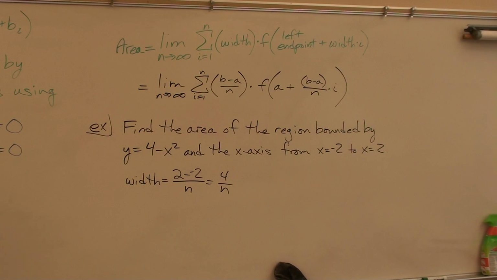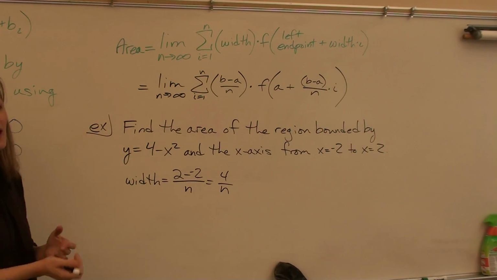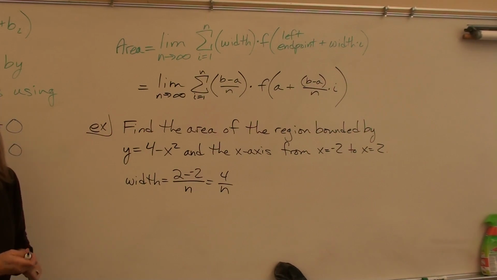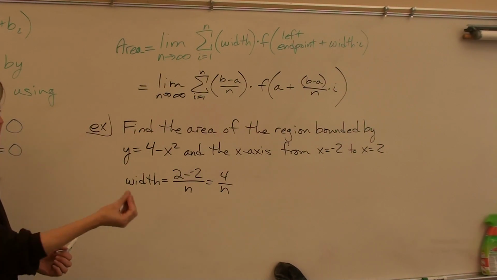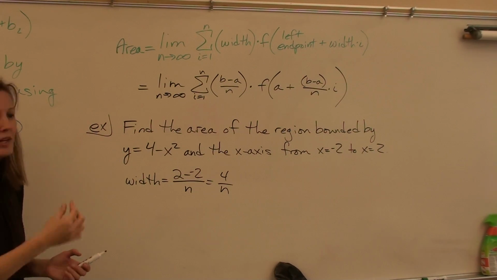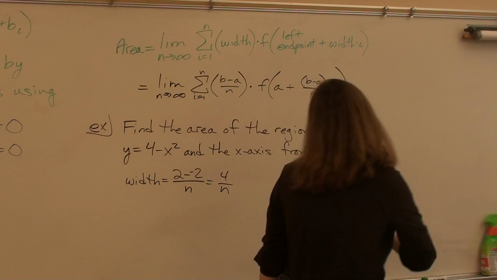Don't make n 0. Make n n. And actually, n isn't the width of the rectangle, it's the number of rectangles. But the limit as n approaches infinity makes the whole width go to 0, right? Okay.